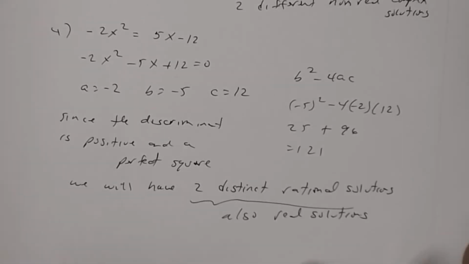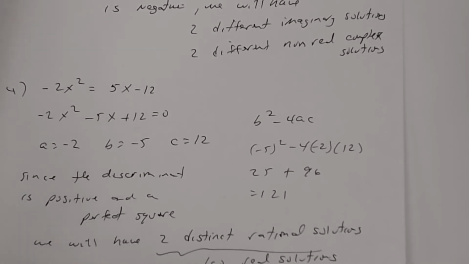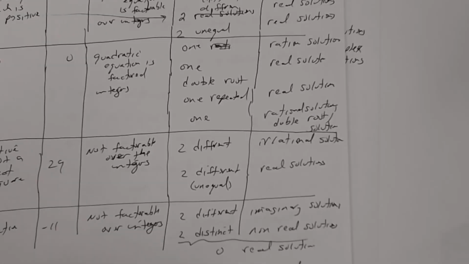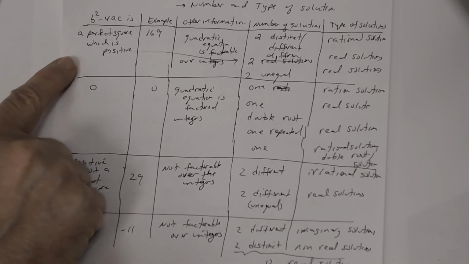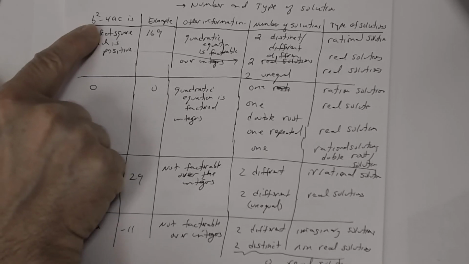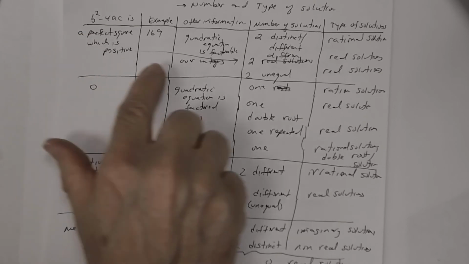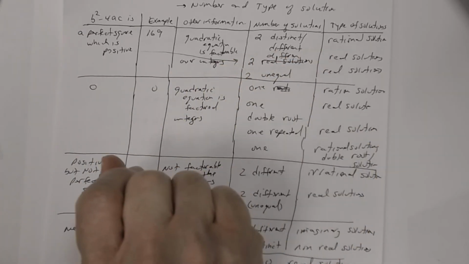So that was basically the idea of a discriminant. It is important. I'm going to go ahead and decrease the size here. It's very important that you understand that if the discriminant, b squared minus 4ac, is positive and is a perfect square, you're going to get two different rational solutions.